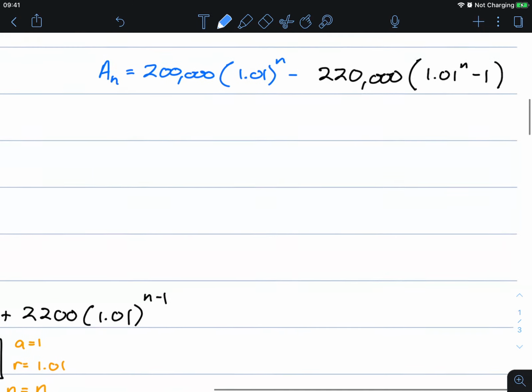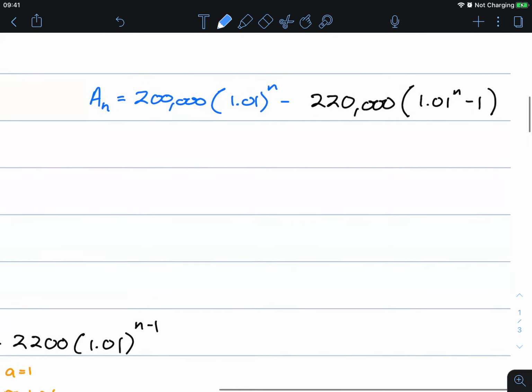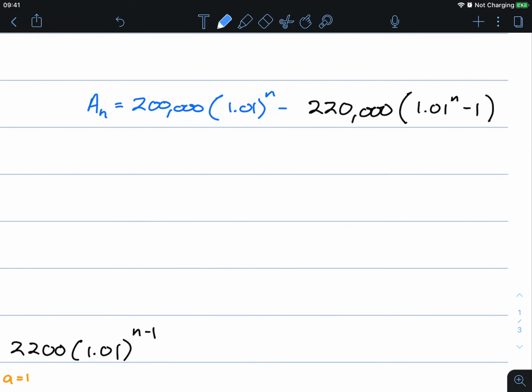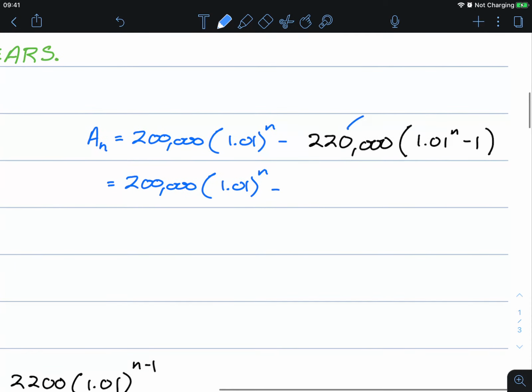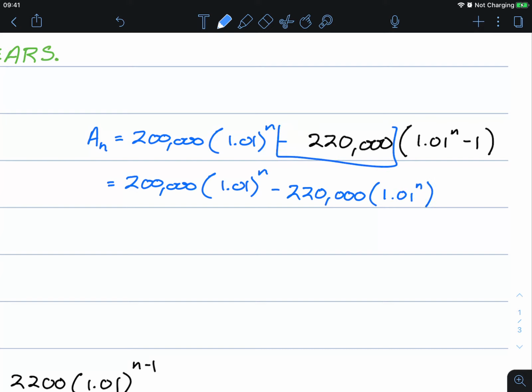We can further simplify this by expanding this bracket here. So this will stay the same. At any point you can skip a few steps, but I'm going to be showing you each and every one here. So expanding this one, that's 200,000 times 1.01 to the power of n, negative 220,000 times negative 1. So this will become plus 220,000.